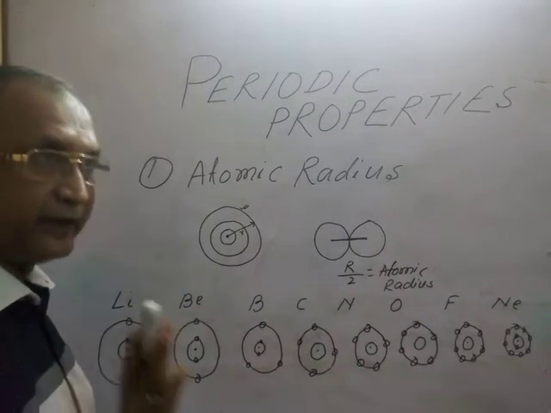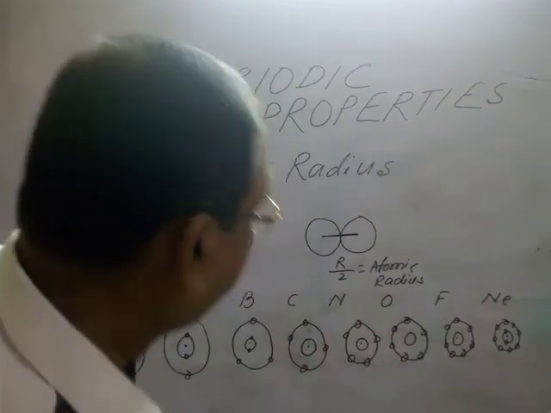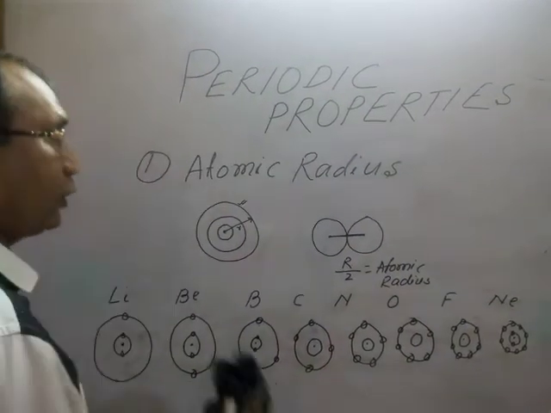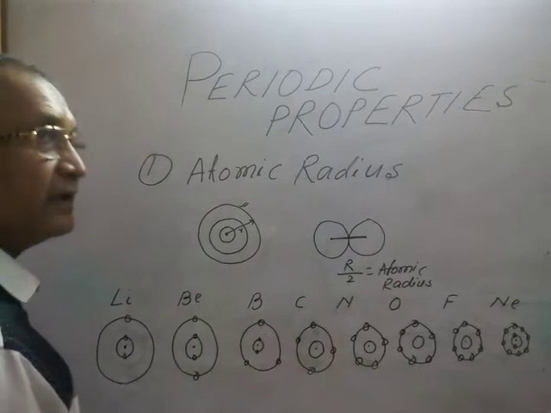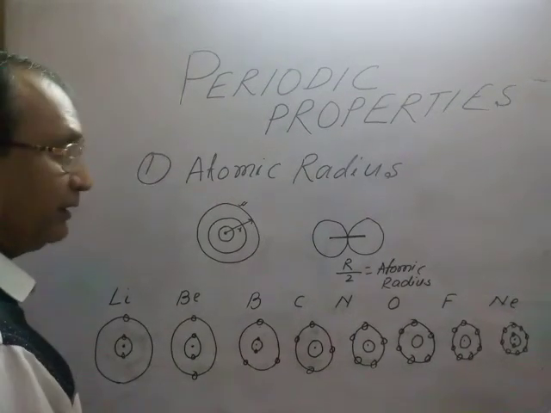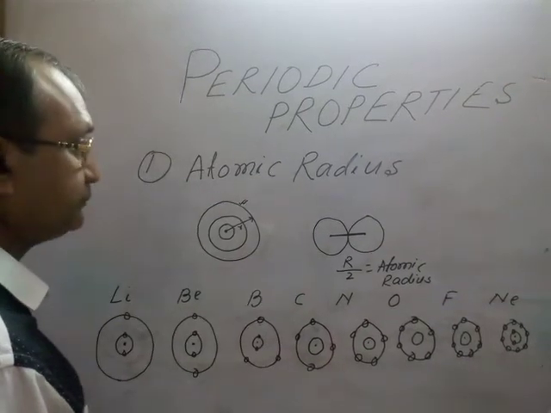I think this is clear to all of you. You just take a screenshot or note it down. By this example, you can understand how the atomic radius decreases across a period.